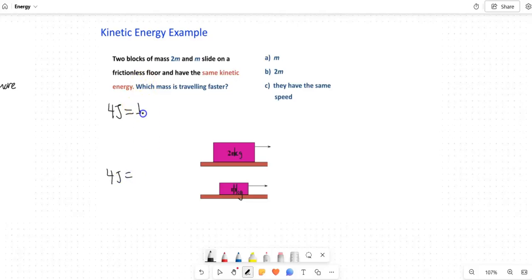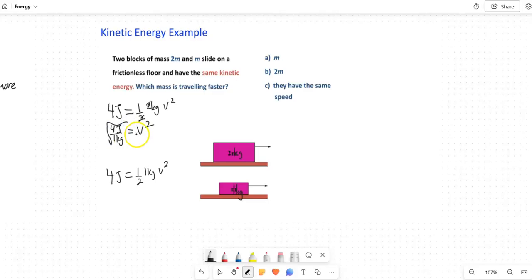And the top car has 1/2, and its mass is 2 kilograms times the velocity squared. The bottom car is 1/2 times 1 kilogram times velocity squared. All right? So the 2's cancel out. You get 4 joules divided by 1 kilogram, and that's equal to V squared.